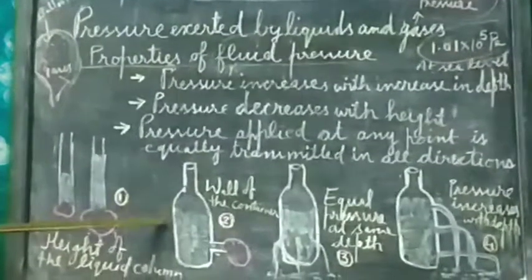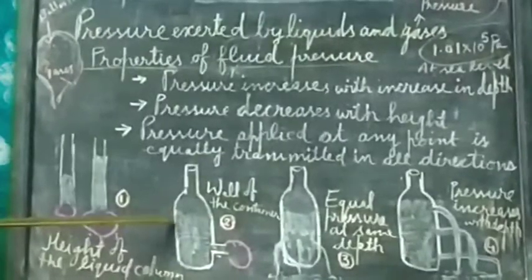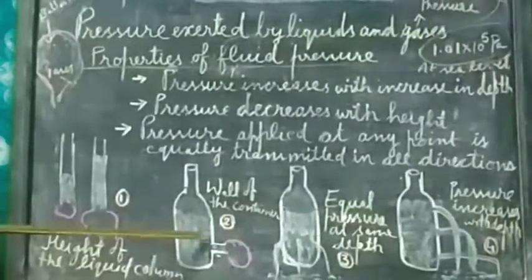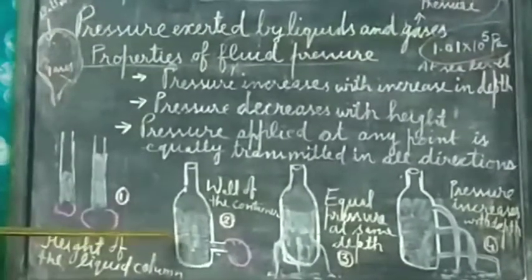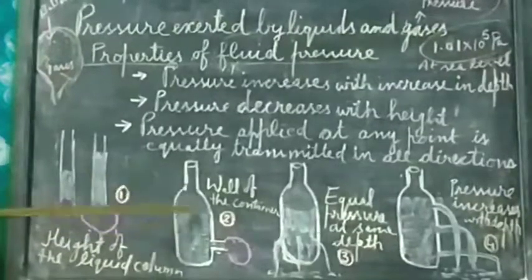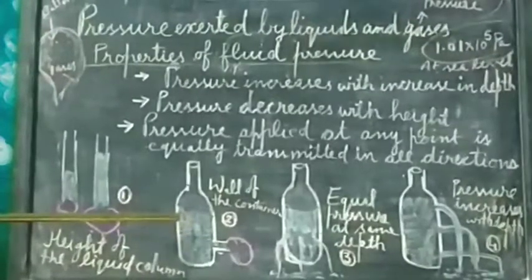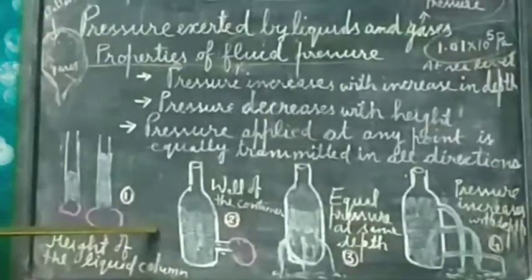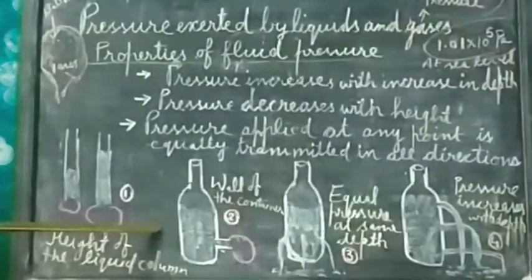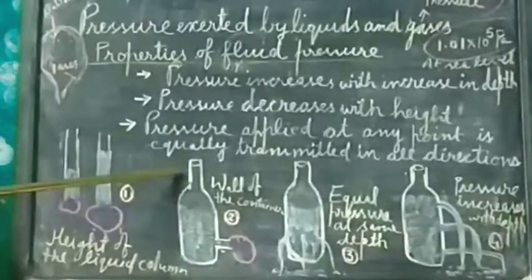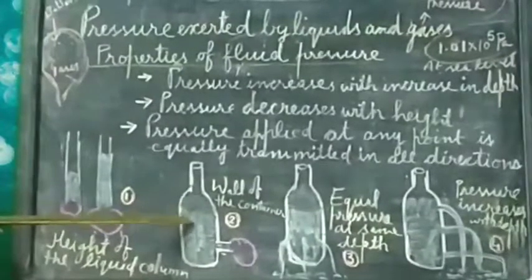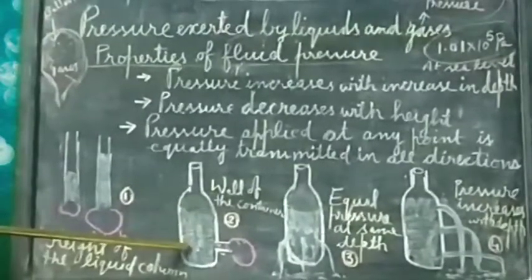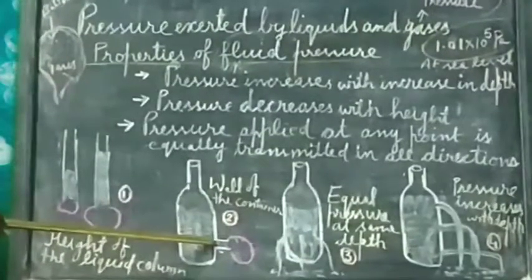Now what will you observe? Why does the rubber sheet fixed to the glass tube bulge this time? Again we will pour some more water into the bottle. Is there any change in the bulging of the rubber sheet? Yes, the answer is yes. The rubber sheet has been fixed on the side of the container and not at the bottom.